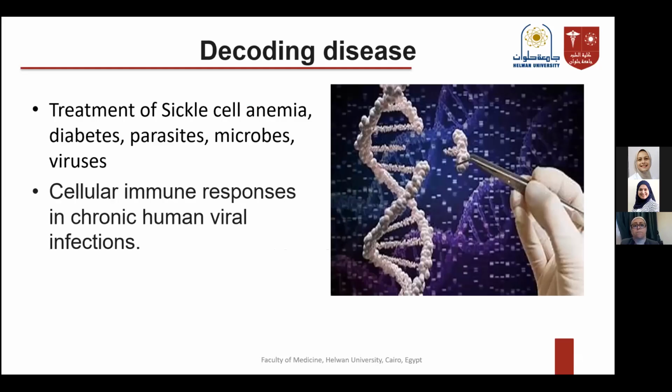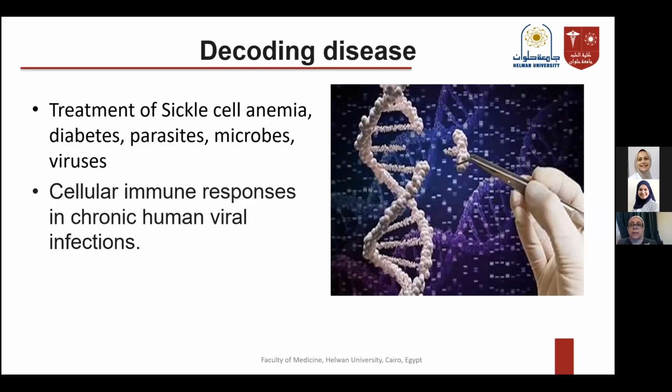the genes. The term decoding of a disease means that I can move a gene from one side to another, for example, as in sickle cell anemia, or add or remove a gene. This can be used in the treatment of sickle cell anemia and diabetes. Also, decoding of the genome of parasites can lead to their eradication.